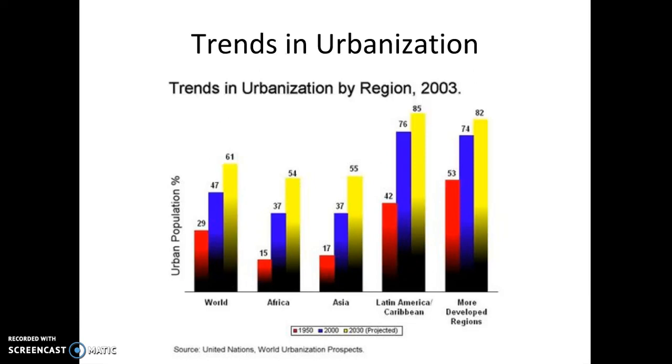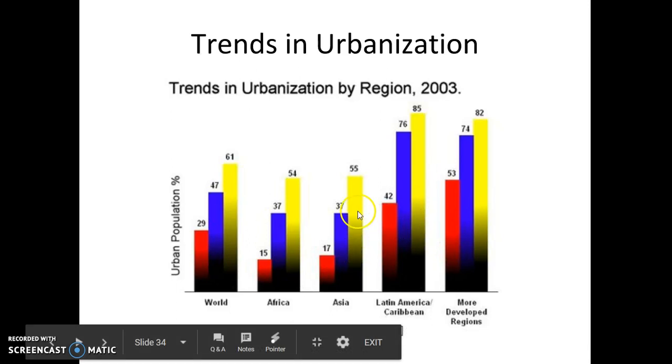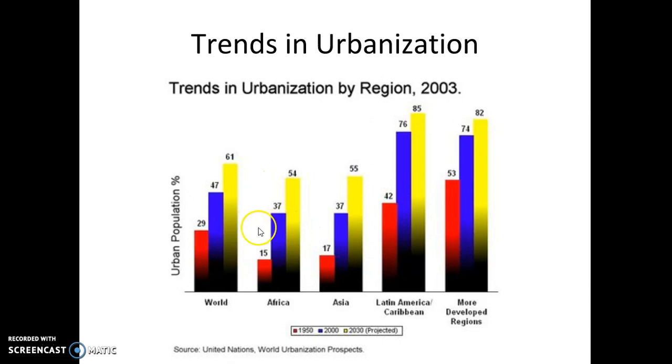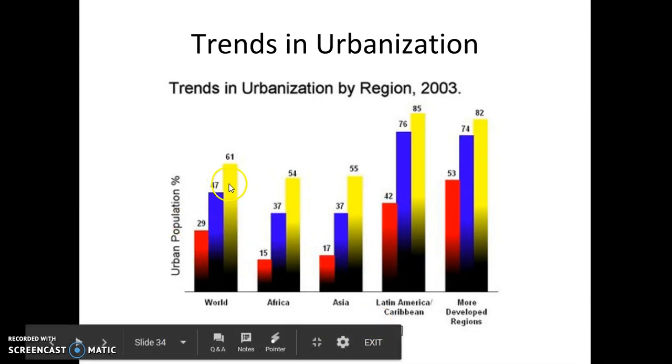You can see trends in urbanization in more developed countries. Again, the highest numbers of urbanization are currently in more developed regions, but you can see that cities in LDCs, Latin America, Asia, Africa, and worldwide, by 2030, this is the projection of the percentage of people who will be living in cities.